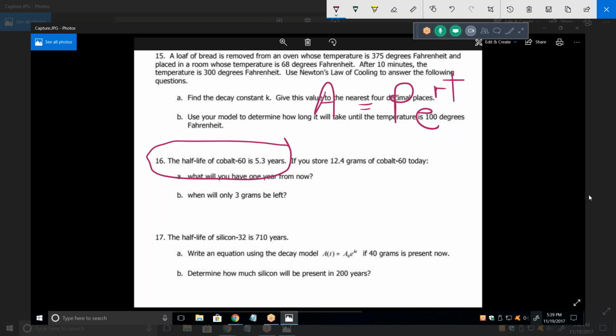Now, again, even on PERT, for decay, I've seen R with a negative sign in front of it, actually called K. In other words, it's e to the minus kt. But I prefer this method. We'll come up with a negative R, I'm sure, merely because we're looking at decay.